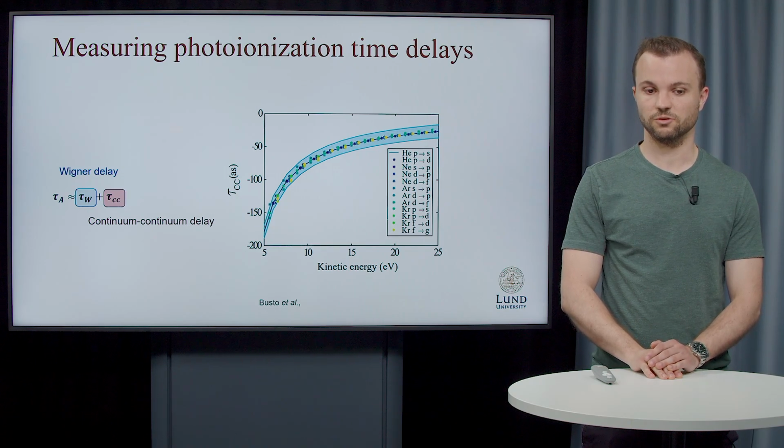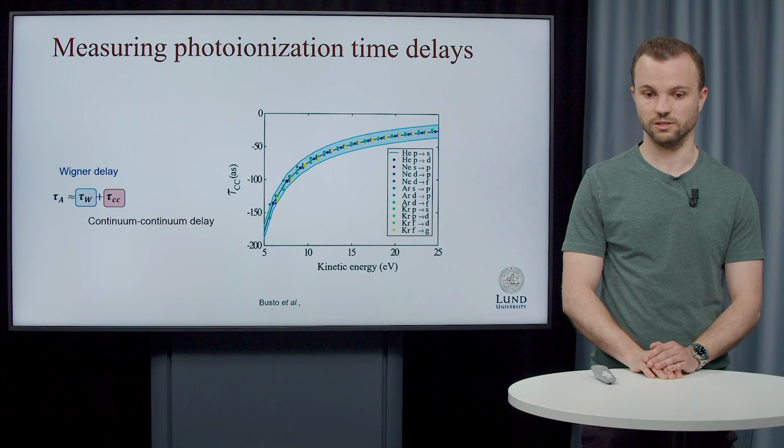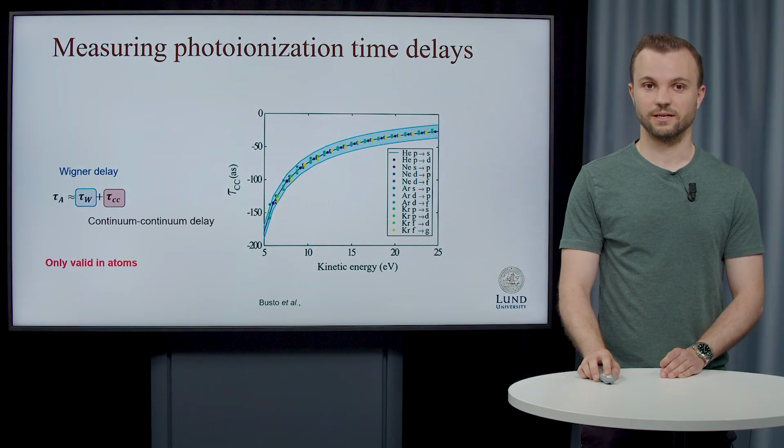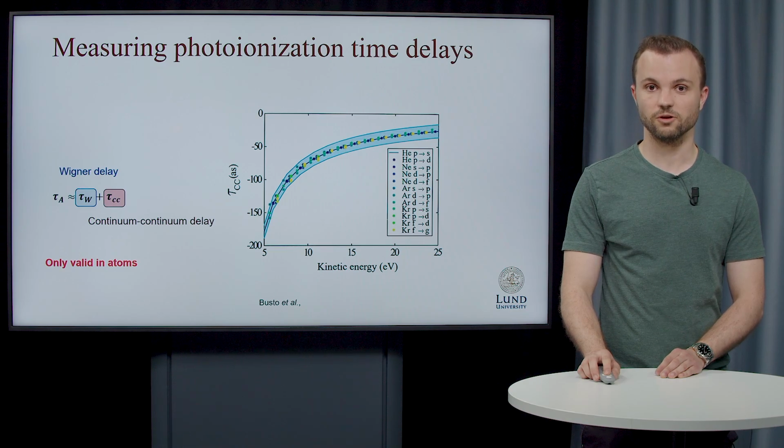This continuum-continuum delay can then be subtracted from the total delay, giving access to the Wigner delay. It is important to mention that this is only valid in atoms. In molecules and in solids, this decomposition does not work.